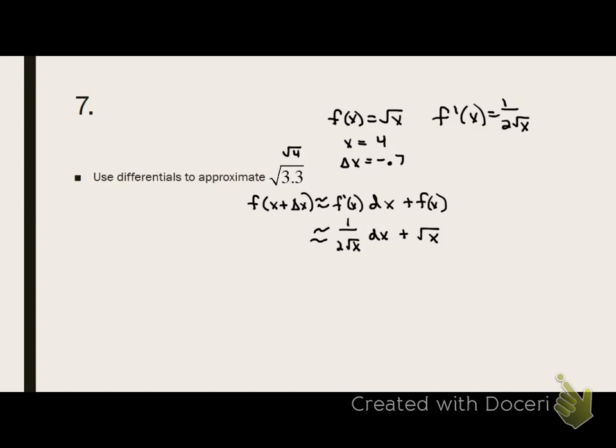Now, I'm going to find f of 3.3 because x is what, guys? 4. dx is approximately equal to delta x, which is negative 0.7. This would be a non-calculator problem. So what's that? Negative 7/10 plus, I'm going to go ahead and write square root of 4, and then let's simplify.